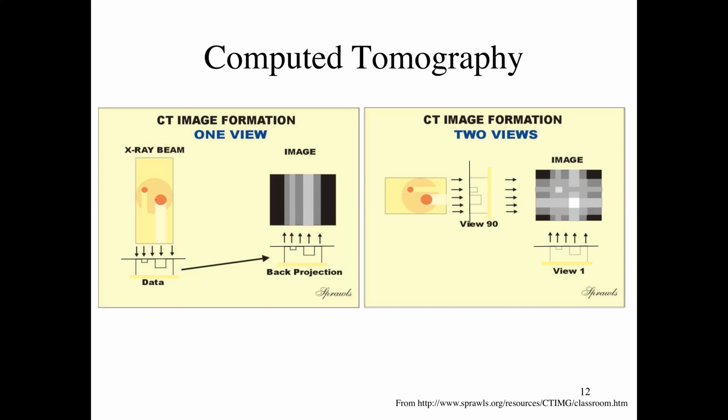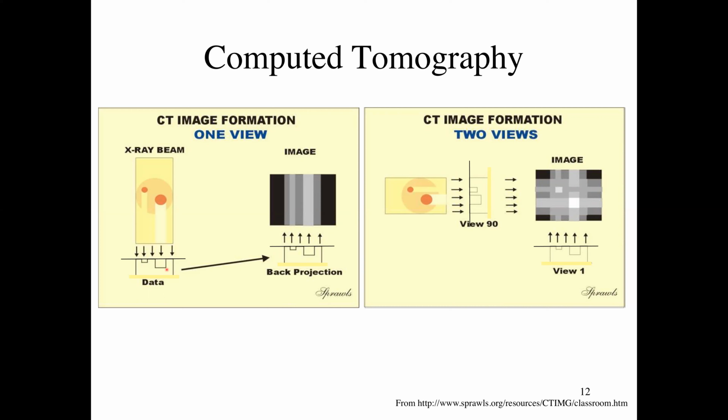If I have an occluder here, it's going to absorb more X-rays than the big circle, and the big circle absorbs more X-rays than the background. Now I see two features. This one's smaller, so fewer X-rays are absorbed, but this one is thicker, therefore you get a greater reduction in X-rays at the detector.